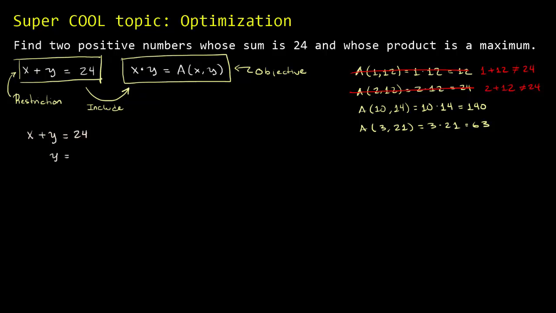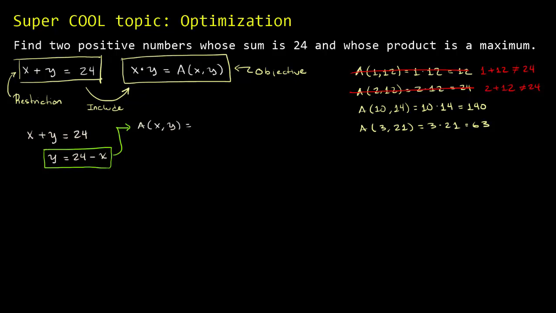Let's say I solve for y: 24 minus x. Now with this solved, I'm going to substitute it into the same expression that we had before. This will be a function of x times y.